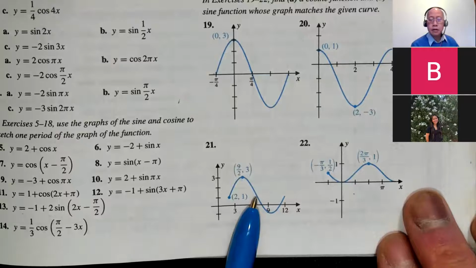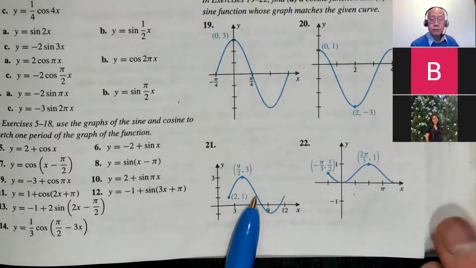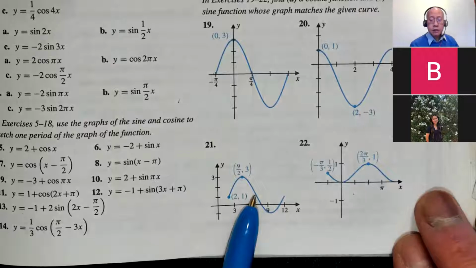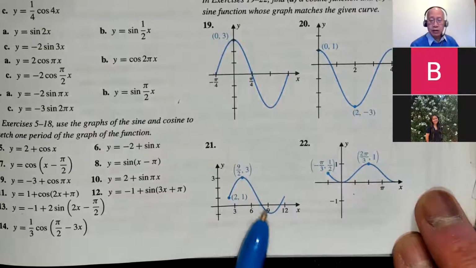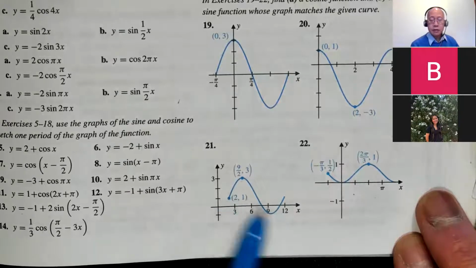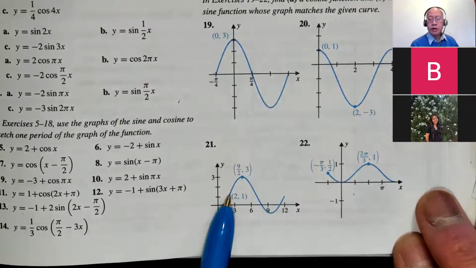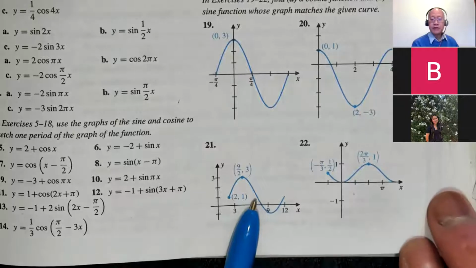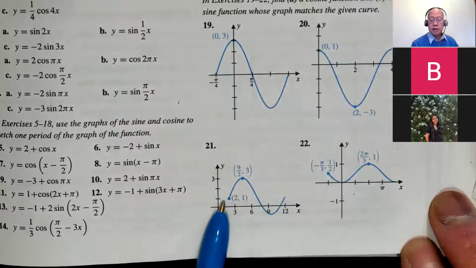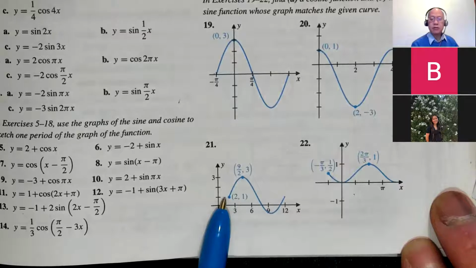Because it technically is the same graph, but is it only talking about what it's giving us? Correct. So what you said actually works if you come all the way out to here and then have the graph start down. But based on what they're giving me here, technically there's infinitely many ways you could do that. You could start at 5, like you said, or add another period on top of that. But based on what we have here, that would be the most natural way to do it.